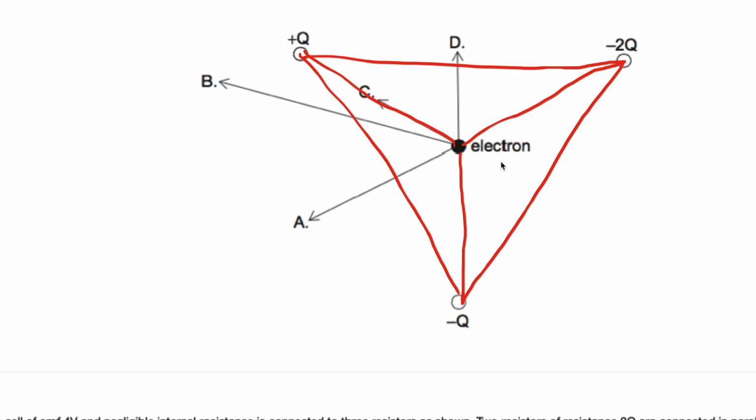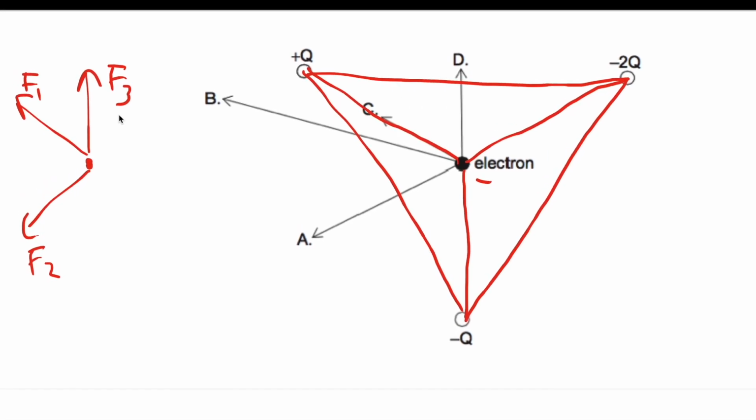So the electron has a negative charge. So here's the electron. Here's going to be an attractive force, F1. Here's going to be a repulsive force, F2. And here is also going to be a repulsive force, F3. Now we can calculate them.